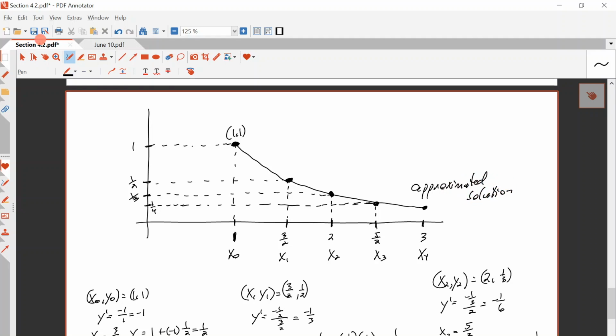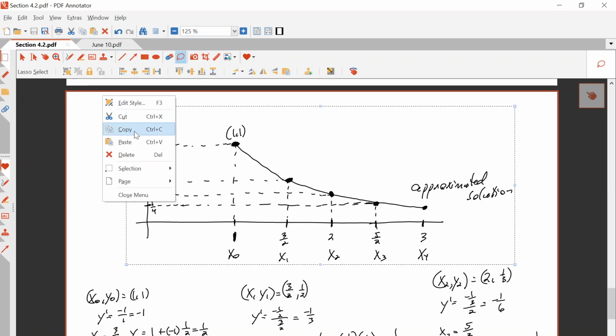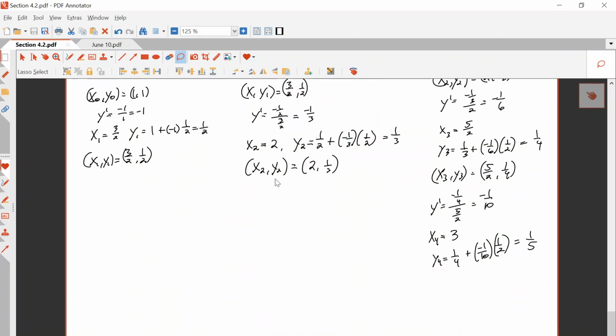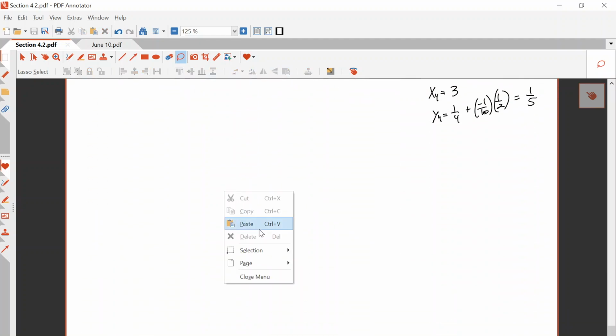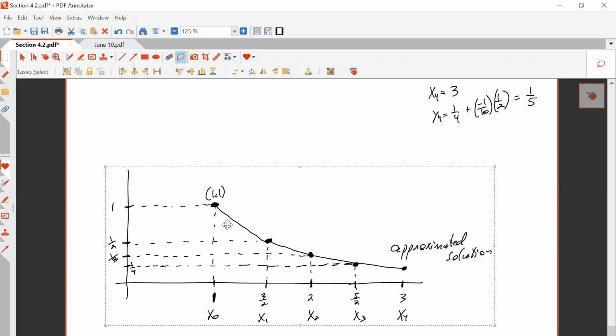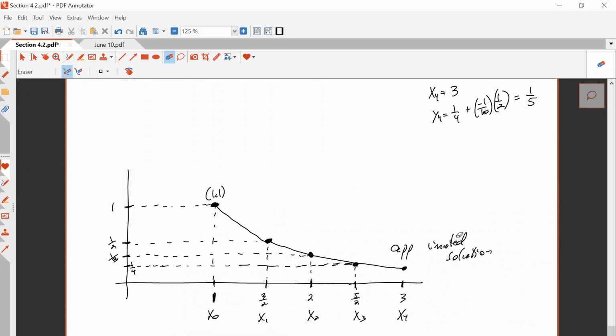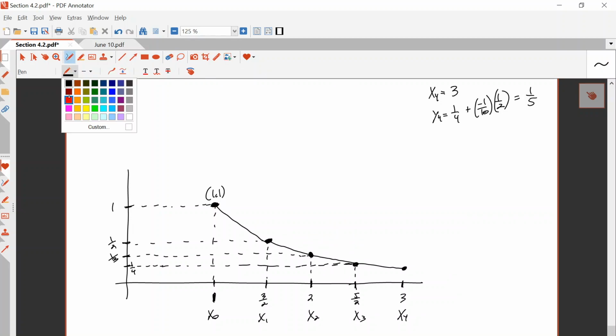Let's compare to an actual solution. So y equals 1 over x going through the point 1, 1, the initial point.